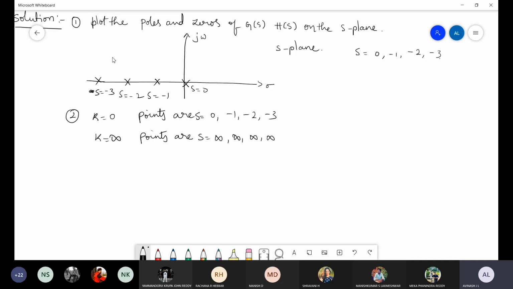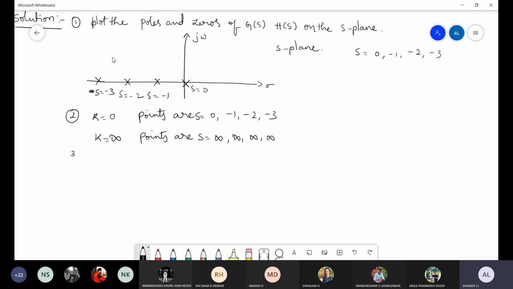For every pole there should be a zero. If zeros are not present, we can consider them at infinity. In the reverse case, if there are many zeros and fewer poles, we can consider the poles at zero, that is at the origin. So k equal to infinity: infinity, infinity, infinity, and infinity.